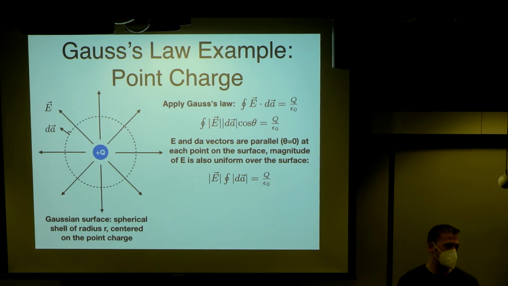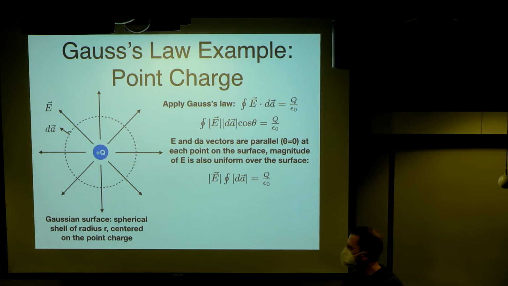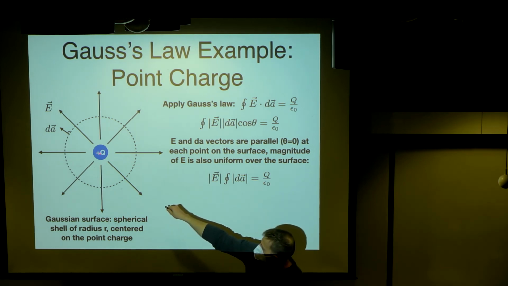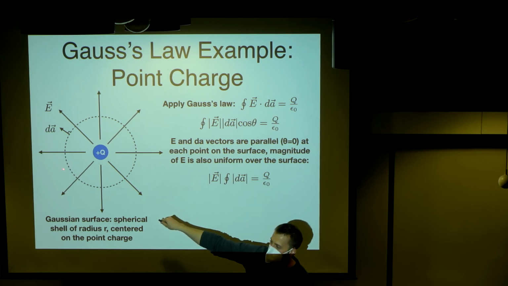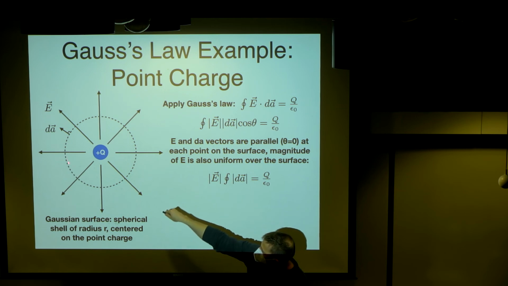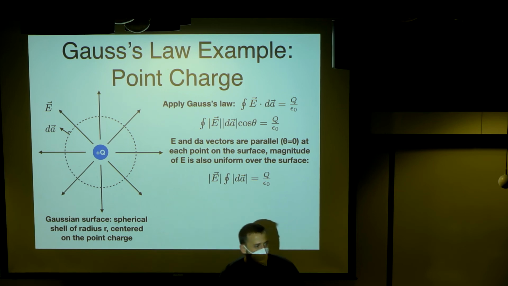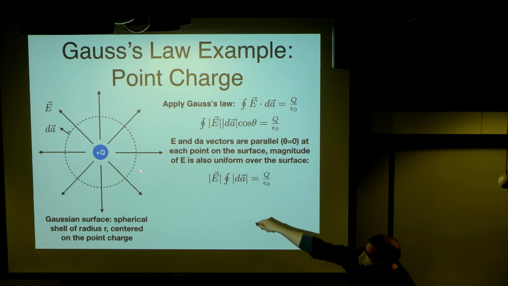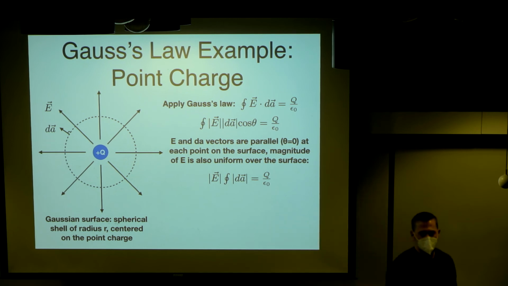Because the magnitude of E only depends on how far away from the charge we are, and we're at the same distance from the charge at every point along that surface.